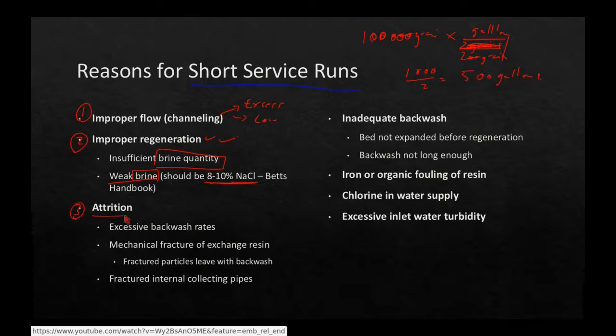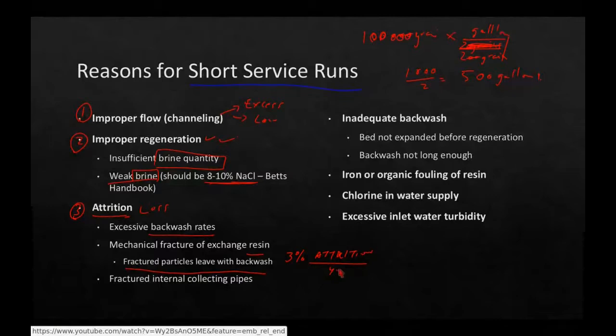Now, number three here is attrition, which really means loss of beads. So how do we lose resin? We backwash too hard. Or maybe the resin fractures, and a certain amount of resin fractures every single year. And I read somewhere, and I can't remember where, I've been trying to find out, 3% attrition loss per year.